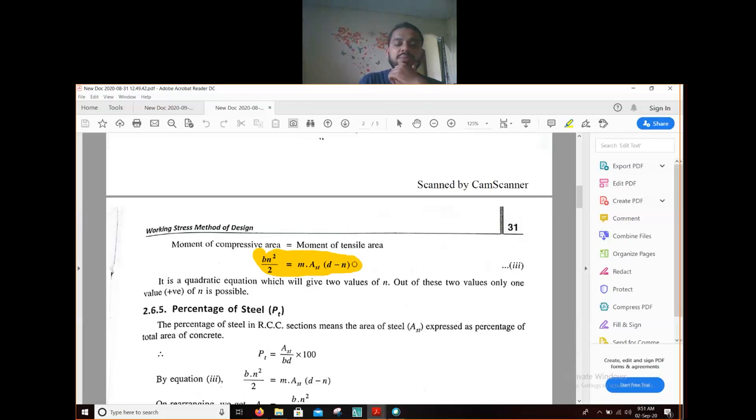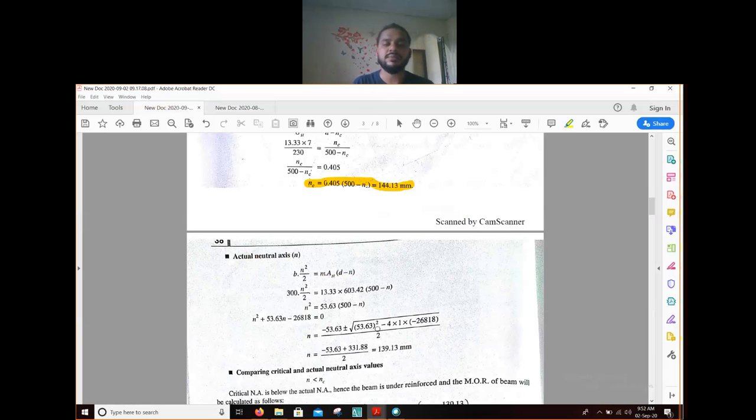If you have gone through the PDF, you can see this formula. This n is your actual neutral axis, the depth of the actual neutral axis. So we have to use this formula to find out the actual neutral axis. Let us see the formula.